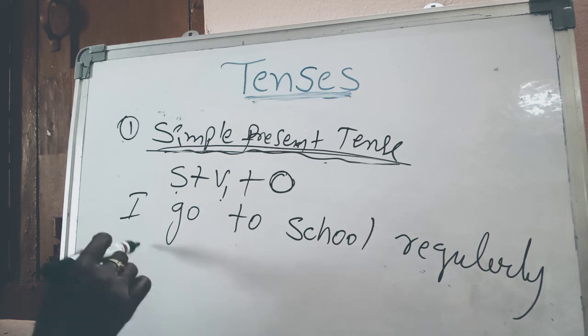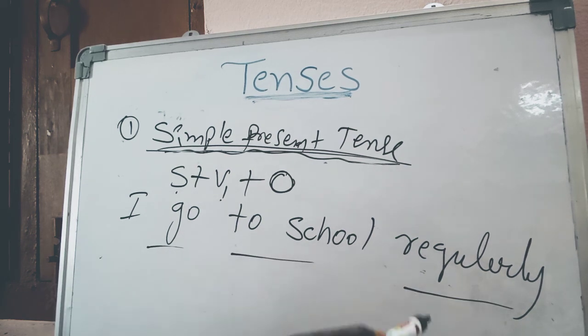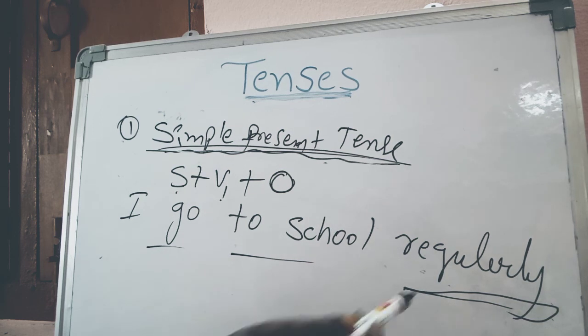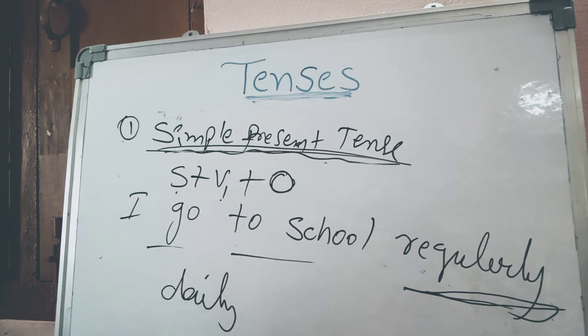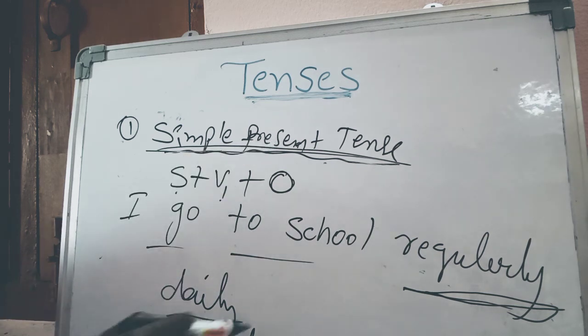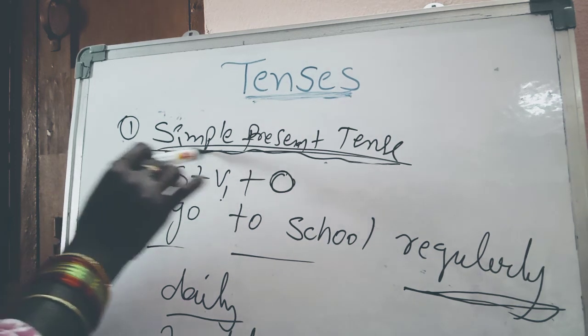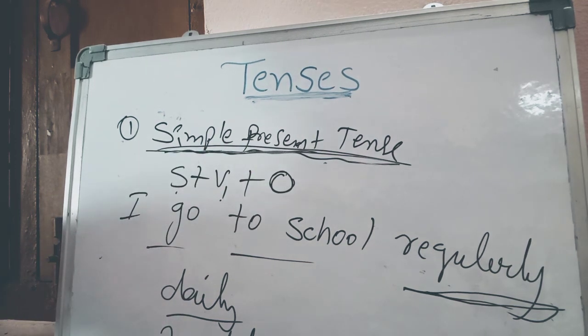Here at the end of the sentences we mostly use regularly. Regularly means daily, weekly, monthly, yearly. What we do regularly are called simple present tense.